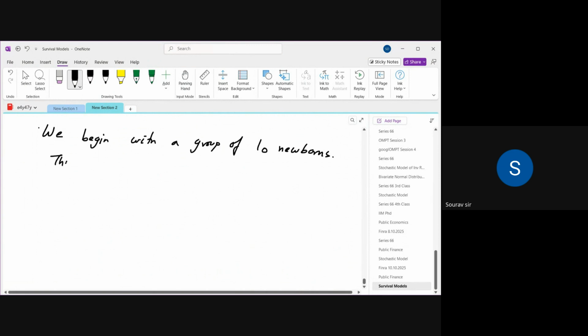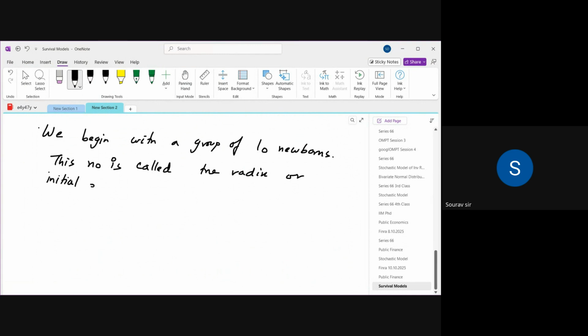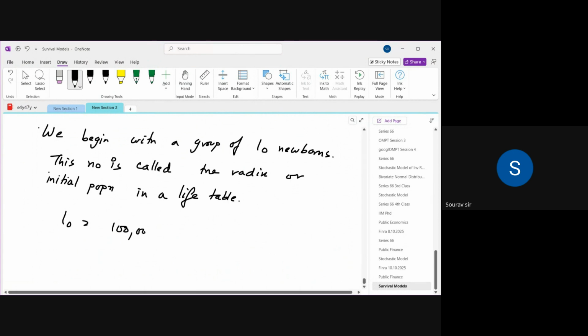This number is called the radix or initial population in a life table. So l0 is equal to this.